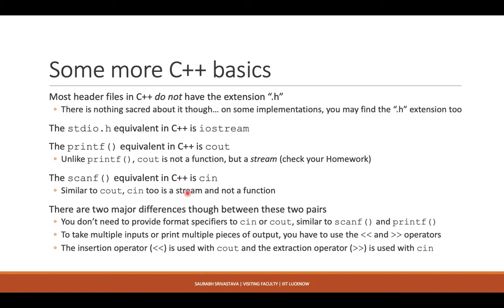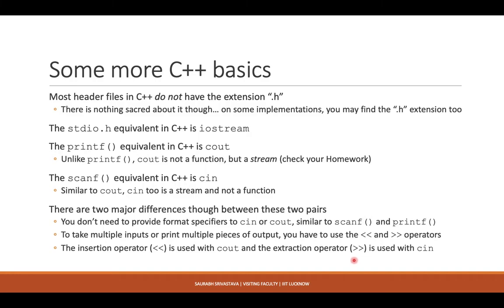There are operators that you'll have to use, called the insertion and extraction operators. In order to concatenate some elements to the output, you need to use the insertion operator. And if you want to take inputs into multiple variables, you can do that in scanf, of course, but with format specifiers; with cin you'll have to use the extraction operator.